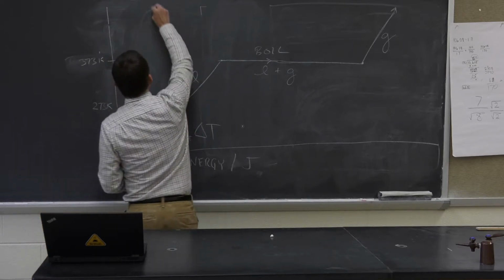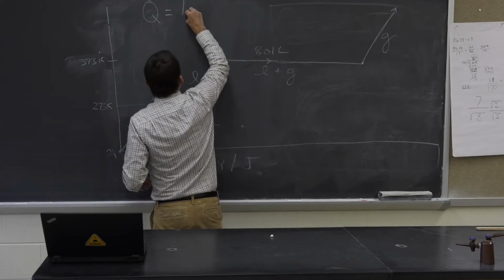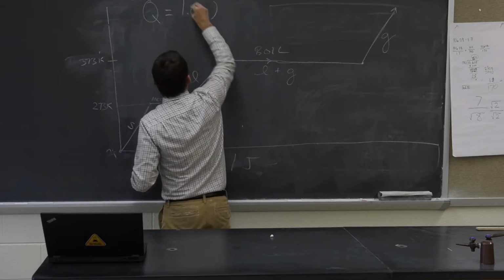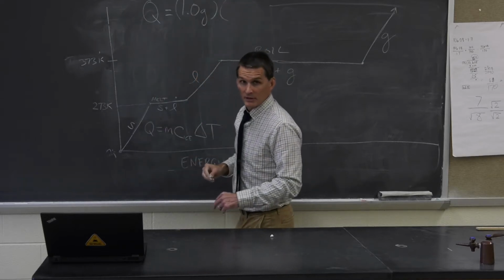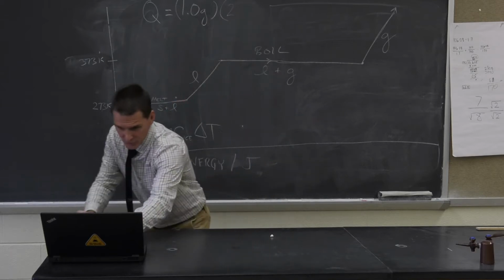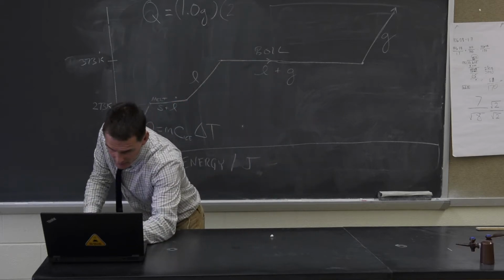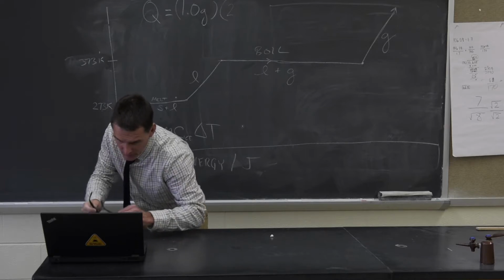So we can do that. Q is going to be 1 gram times the specific heat of ice, which is about 2 joules per gram per degree Celsius.